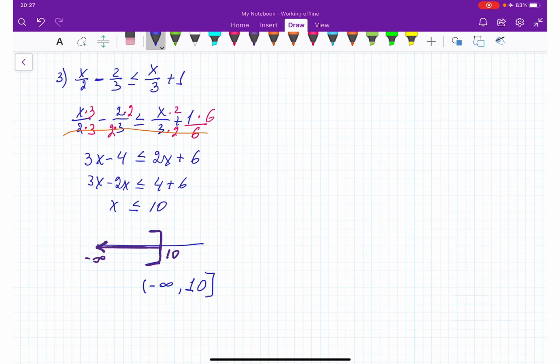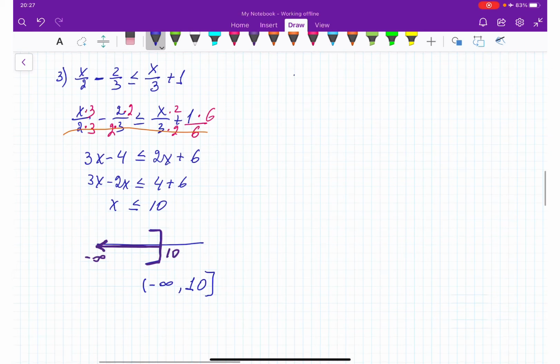Okay, next. Number 4. 5 minus x over 4 greater than 6. Since we have a fraction, let's get rid of the fraction. The common denominator is 4 everywhere, which means multiply by 4, because the denominator of 6 is 1.